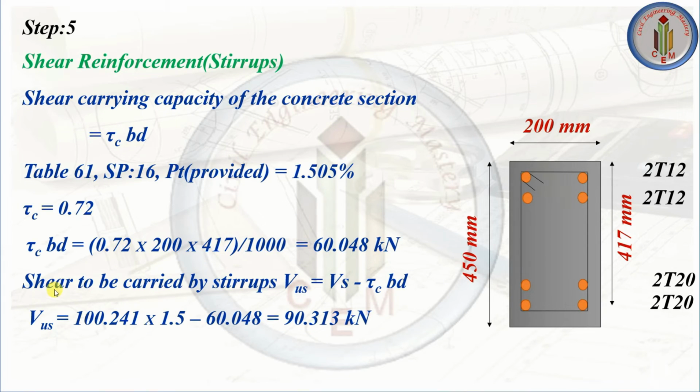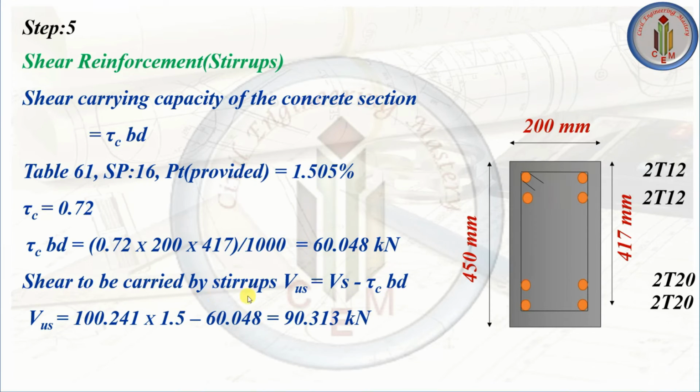So next we need to calculate the shear to be carried by stirrups. The concrete section shear value we know, and next we need to find the shear carried by stirrups, that is VUS. VUS is equal to Vs minus tau c BD. This Vs is the factored shear force minus tau c BD. Tau c BD value is this one.